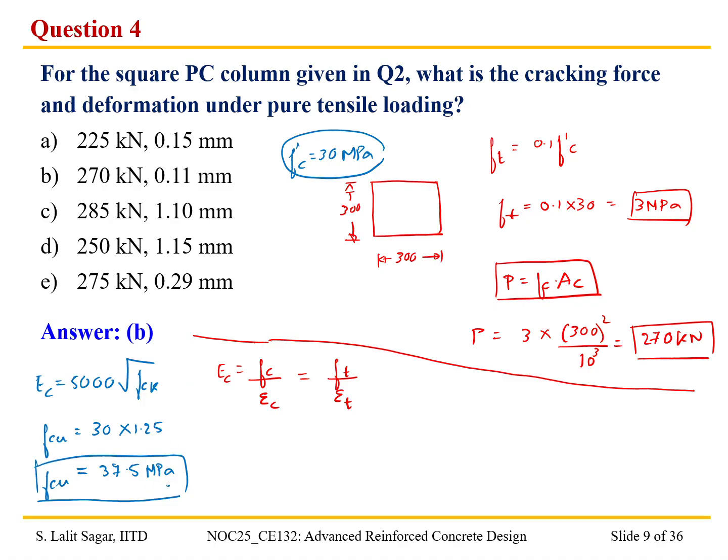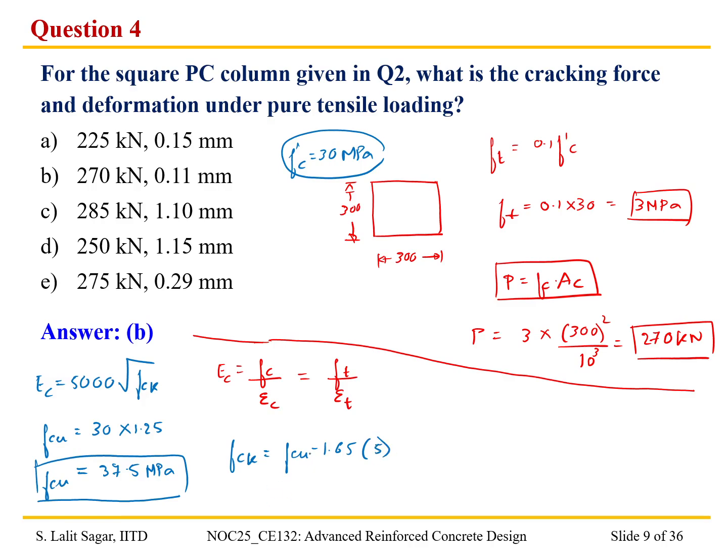If we have the cube strength, we can take this as the target mean strength. So the corresponding characteristic strength would be fck is equal to fcu minus 1.65 into the standard deviation. For this particular grade of concrete, we can safely take the value of standard deviation as 5.